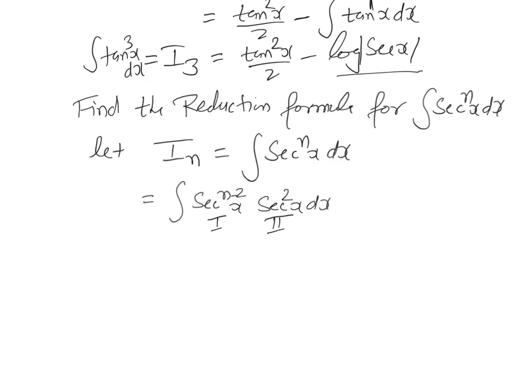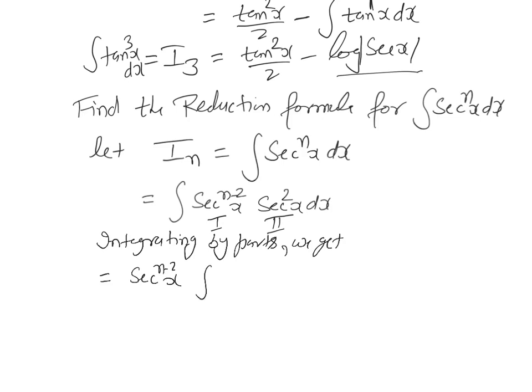Now carry out the integration by parts. Integrating by parts, we get, yes, what we will get: the first function as such, times the integration of the second function, very much clear.